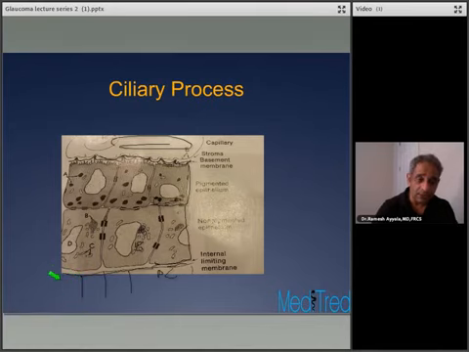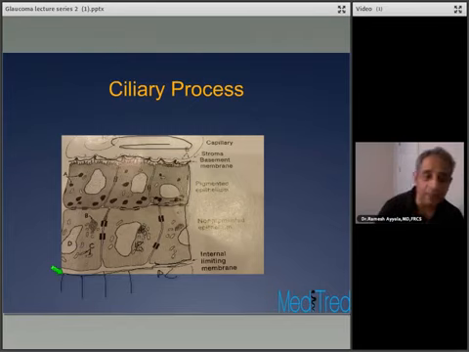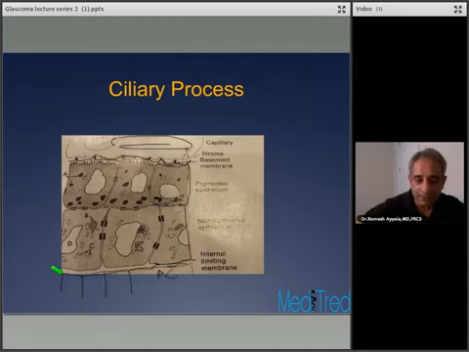It's actually attached to this internal limiting membrane of the ciliary process. To support the lens, I would imagine you need to have a thicker internal limiting membrane. Otherwise, if it's too thin and flimsy, it can peel off. I mean, that's easy enough for us to understand. So this internal limiting membrane is a little thicker and sturdier compared to the internal limiting membrane on top of the retina.